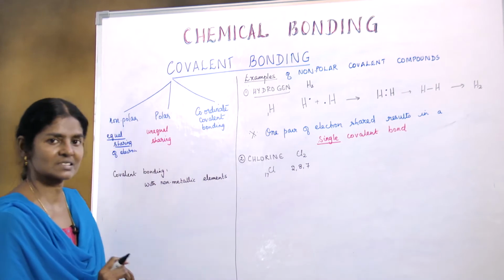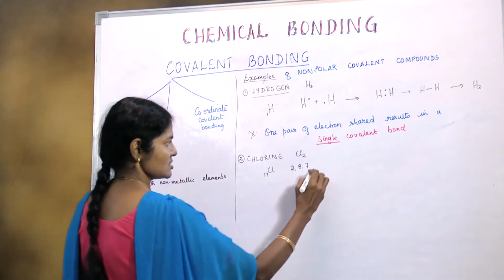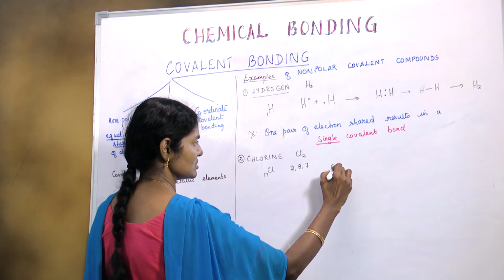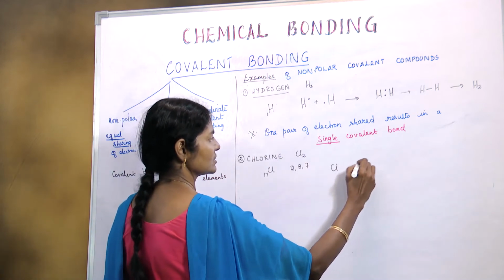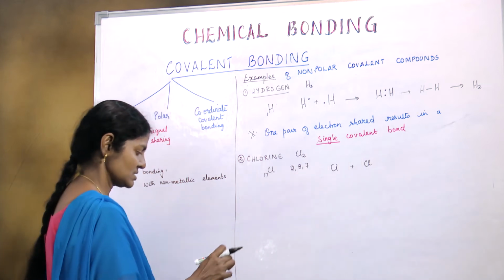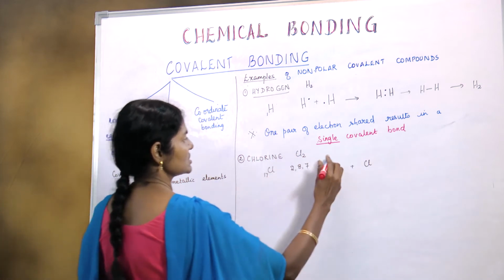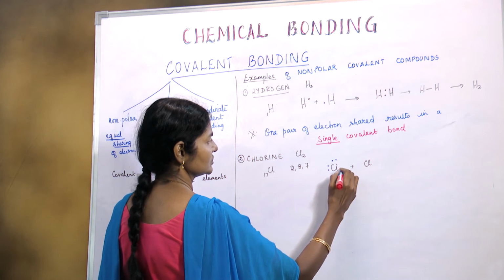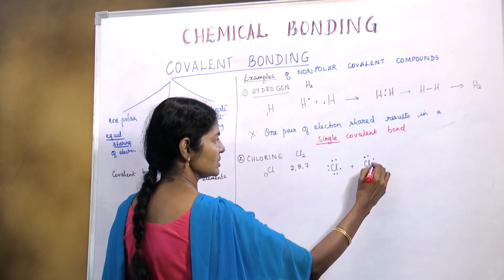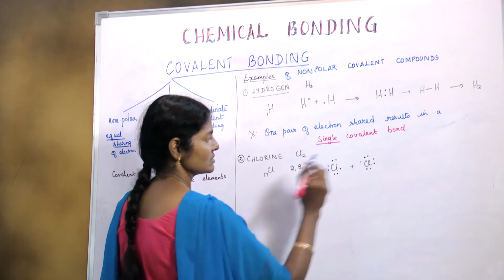So there are 7 valence electrons. Supposing we take chlorine here, and another chlorine is also reacting with it. This has 7, and this atom also has 7 electrons.